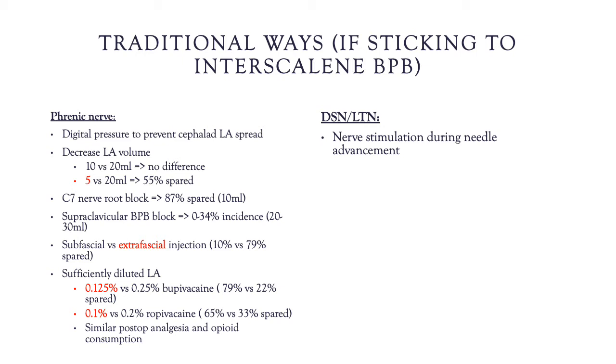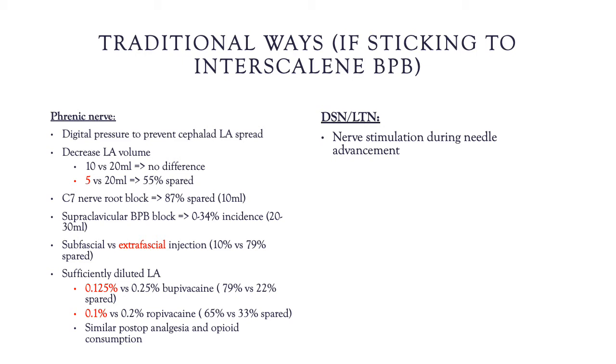Some more constructive suggestions include decreasing the local anesthetic volume down to 5 ml, and using diluted local anesthetic, such as 0.1% or 0.125% ropivacaine.